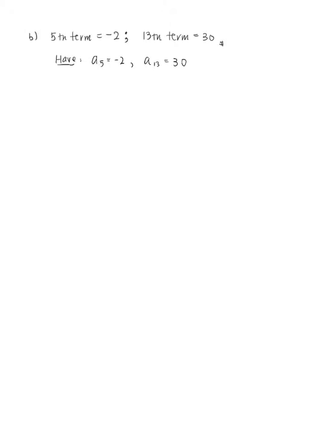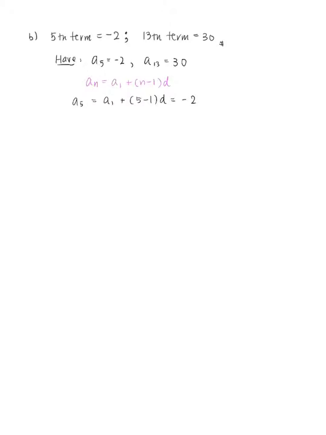Now let's write down the formula for a sub n. A sub n is a sub 1 plus n minus 1 times d. So that implies that a sub 5 equals a sub 1 plus 5 minus 1 times d. But a sub 5 is negative 2, so you're going to have to set that equal to negative 2.